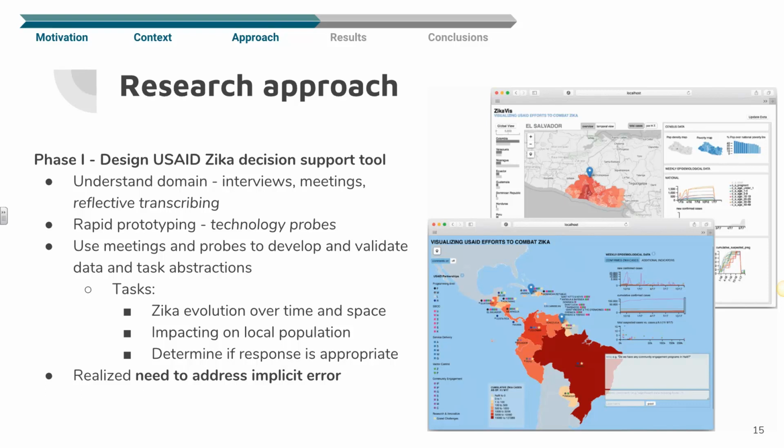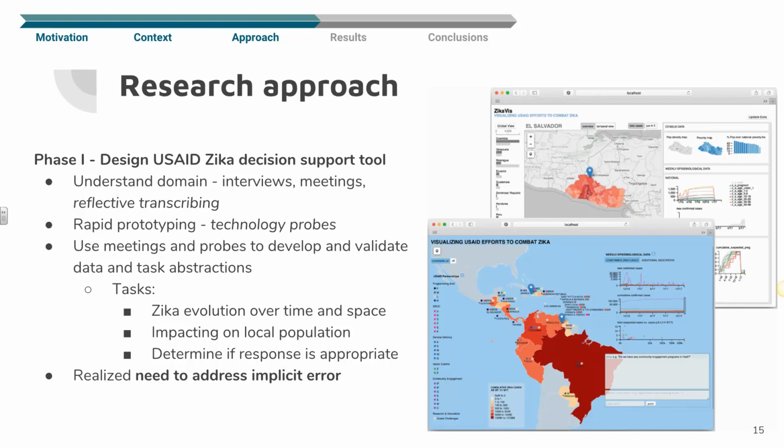So they prototyped the tool early on and then presented it to their domain experts to get feedback. And so they used this iterative process to abstract tasks and the data. So the tasks they identified were to track Zika over time and space, figure out how it's impacting the local population, and then determine if the current response is appropriate.